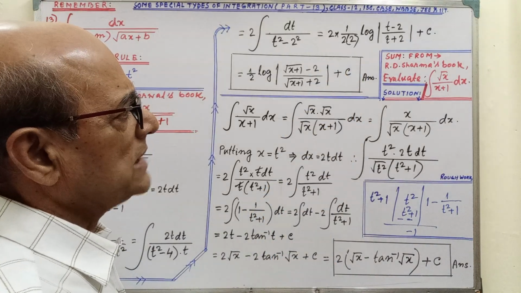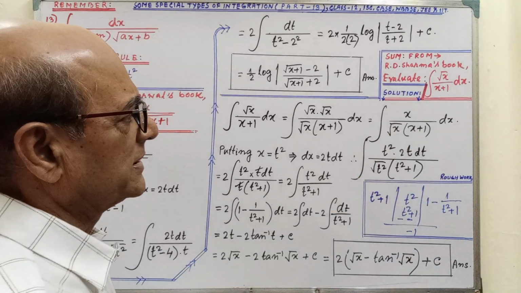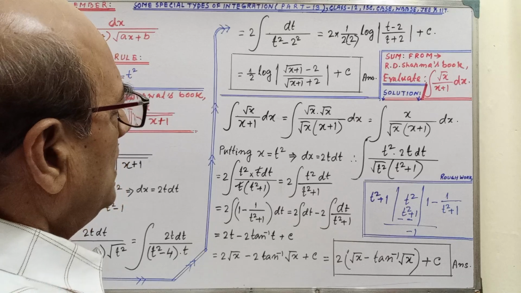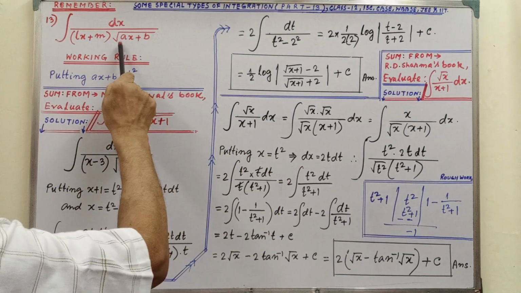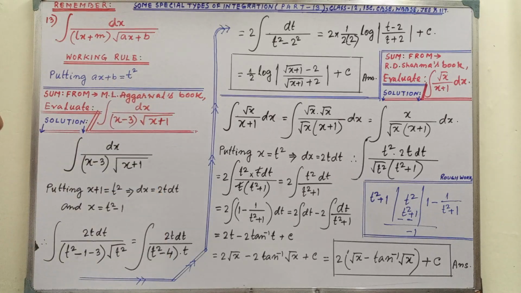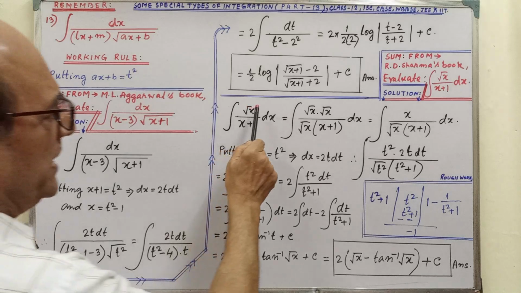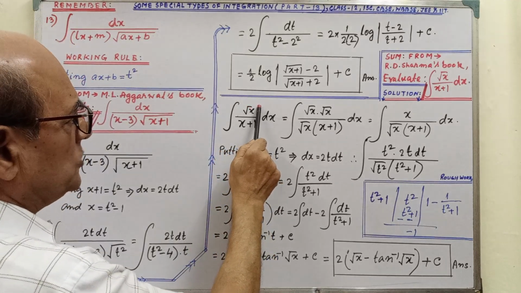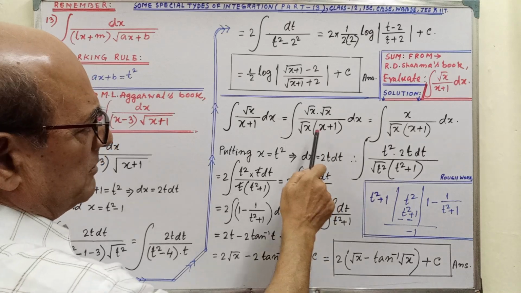This is a sum given from R.D. Sharma's book, and here also it is written clearly. By looking at the expression, we are not getting the exact type. By simplifying, we have to bring this type. This is why we are multiplying numerator and denominator by root x.